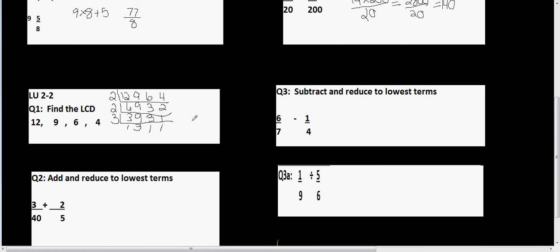So how do we actually find what the lowest common denominator is from all of this? Well, what we do is we take 2 times 2 times 3 times 3. And we get the answer of 12. But we're not quite done yet. Now we take 1 times 3 times 1 times 1.